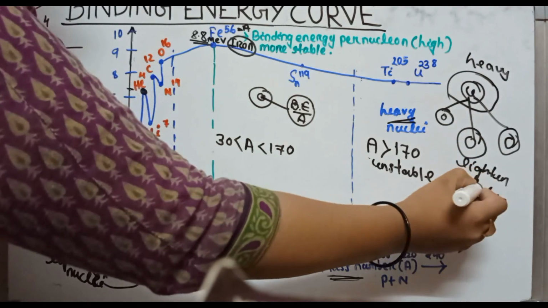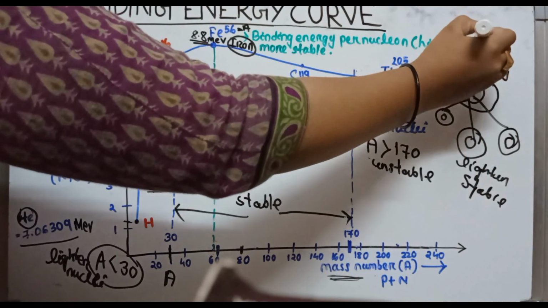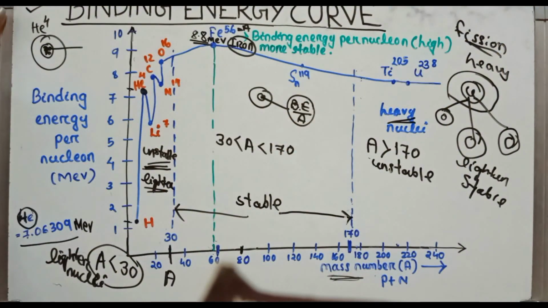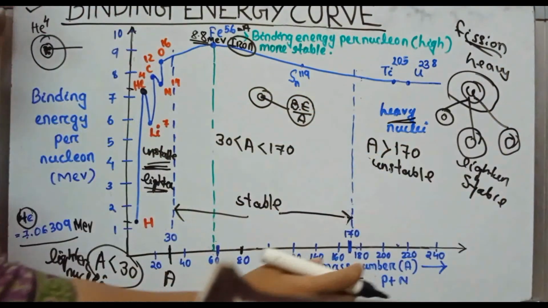You see students, this process is known as fission, where one heavy nucleus is split into lighter nuclei.